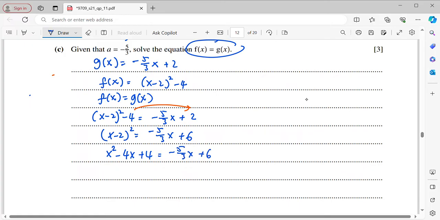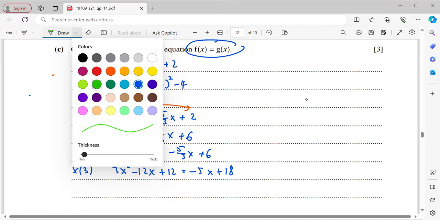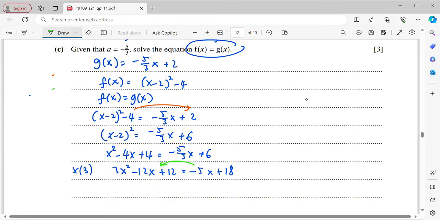And then now to solve this quadratic equation, I don't want the fraction. Therefore, I multiply the whole equation by 3. Then you will be getting 3x squared minus 12x plus 12 equals minus 5x plus 18. And move all the terms to the left hand side.